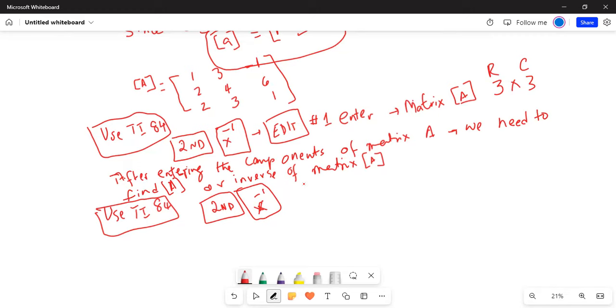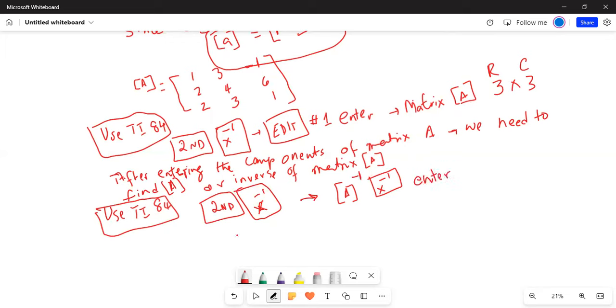So first you have to put the calculator off, remember, before doing that. So second, X minus 1 button, then number 1. And this will lead to matrix A on your calculator. Then press the X minus 1 button. When you do that, you will get an exponent of minus 1 here, and then hit enter.